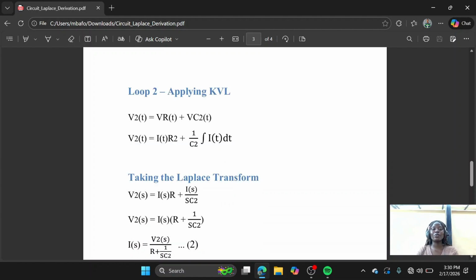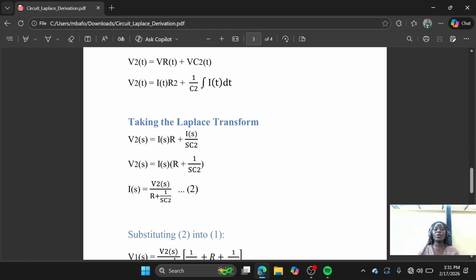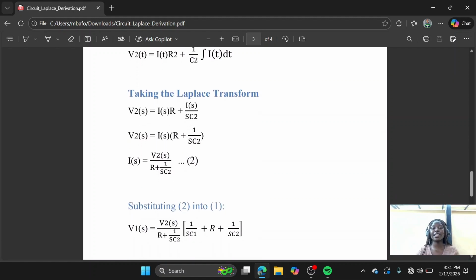So we come to V2(t) is equal to VR(t) plus VC2(t). We find the integration of V2(t), and then we get I(t) R2 plus 1 over C2, the integral of I(t) dt. Then we come down again, taking the Laplace transform. We are going to take V2(s) is equal to I(s) R plus I(s) all over sC2.